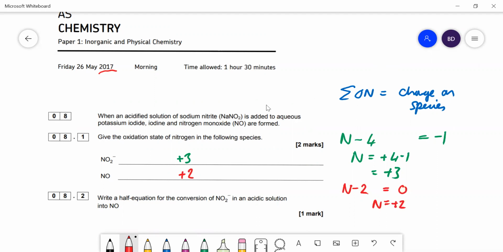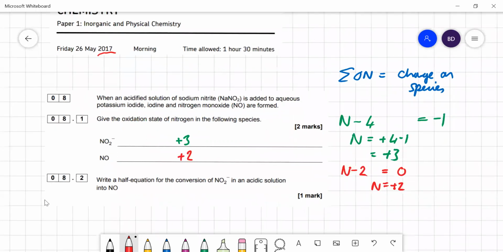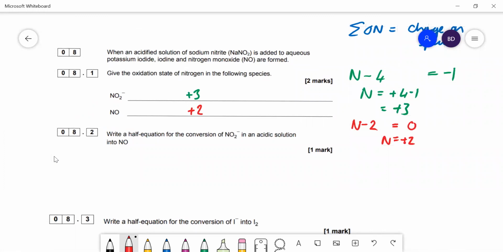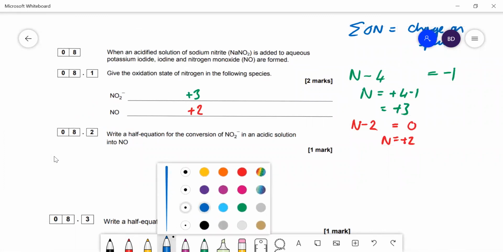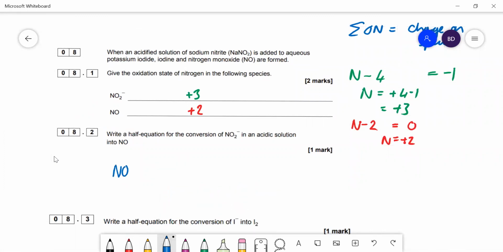Write a half equation for the conversion of nitrite into NO. Right, let's do that. So we're going to have NO2 minus going to NO. Balance the oxygens with water, so we need to put a water on the right hand side. Now balance the hydrogens with protons, so we need 2 protons on the left hand side.